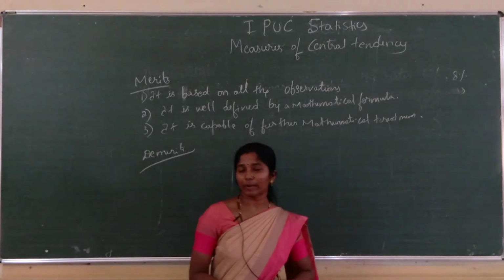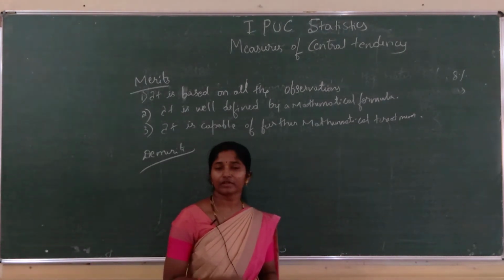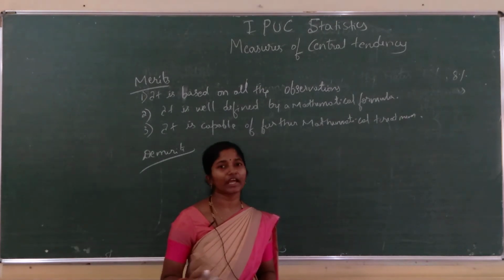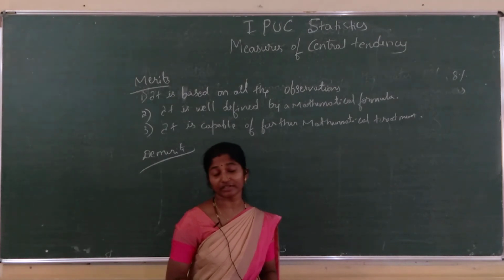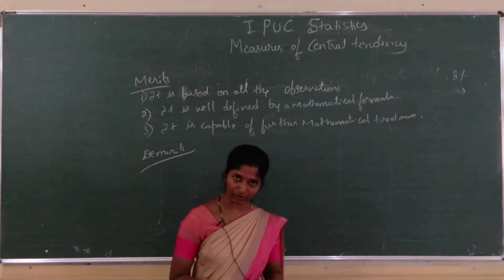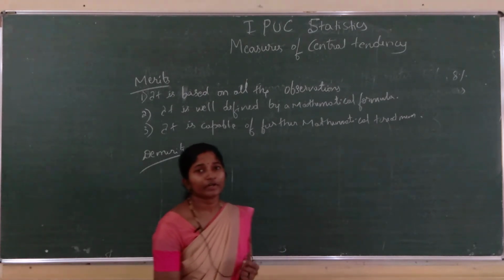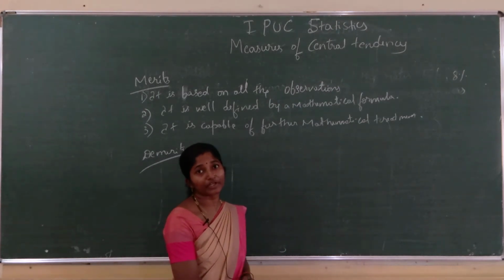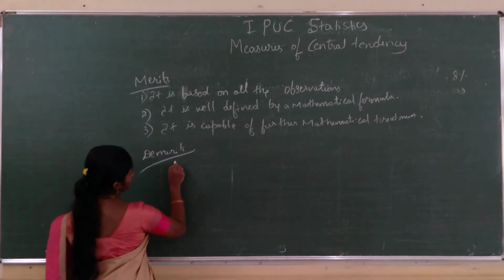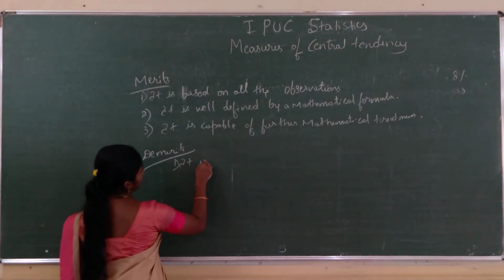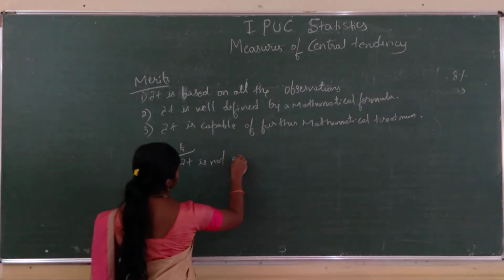So till now we have completed 3 averages: arithmetic mean, median and mode. In those 3, what you have written in the merits is that it is easy to understand and simple to calculate, but it is different from that. In the geometric mean it is not easy. Why?